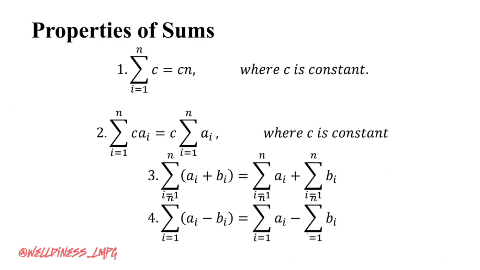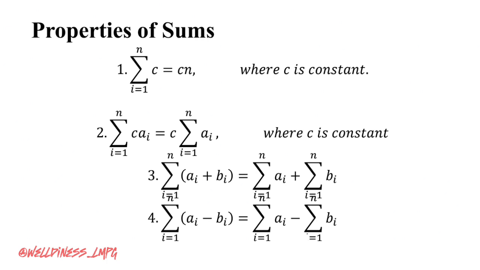So here are a couple of properties of sums that you should be aware of. I will still go into detail later on, but I just want to cover the material you already have access to. So where C is a constant, you have the summation of C, and you can also see here that you can take out the constant just behind the sigma notation.